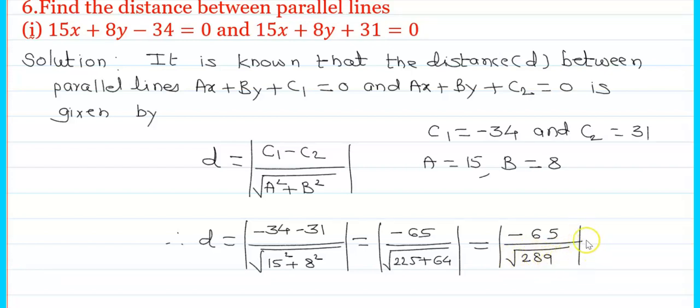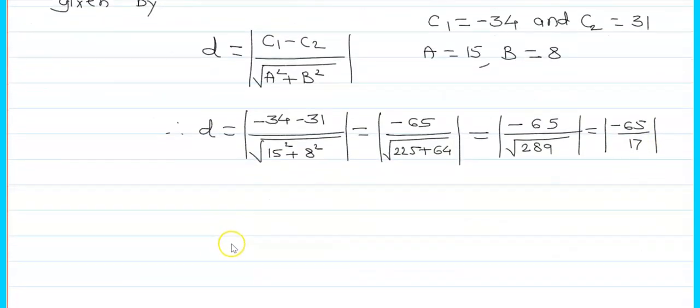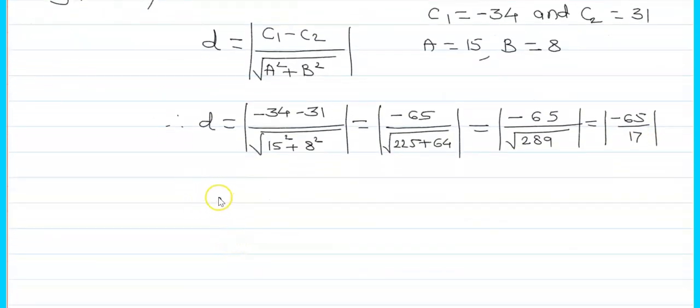And this equals minus 65 upon 17, and therefore this distance d is equal to 65 upon 17 units.